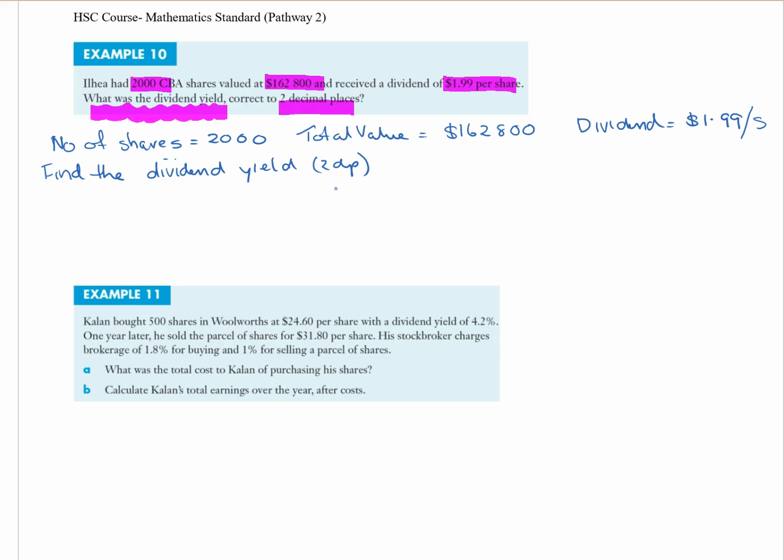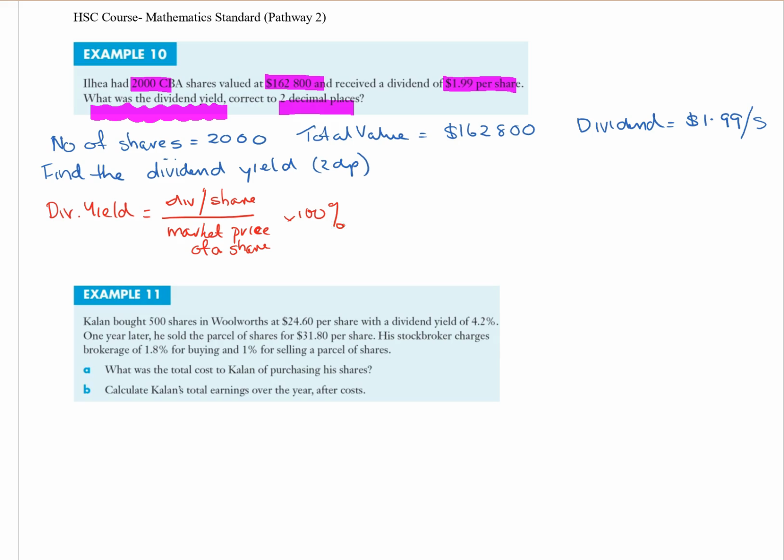Find the dividend yield and give it to 2 decimal places. Because the question says, find the dividend yield, what has to come to mind immediately is dividend yield equals dividend per share over market price of a share, just one share, and multiply that by 100.